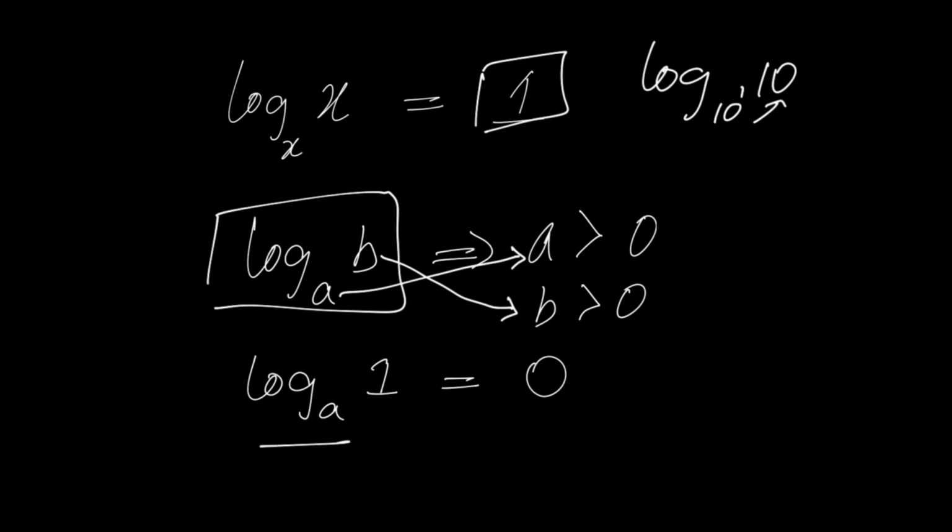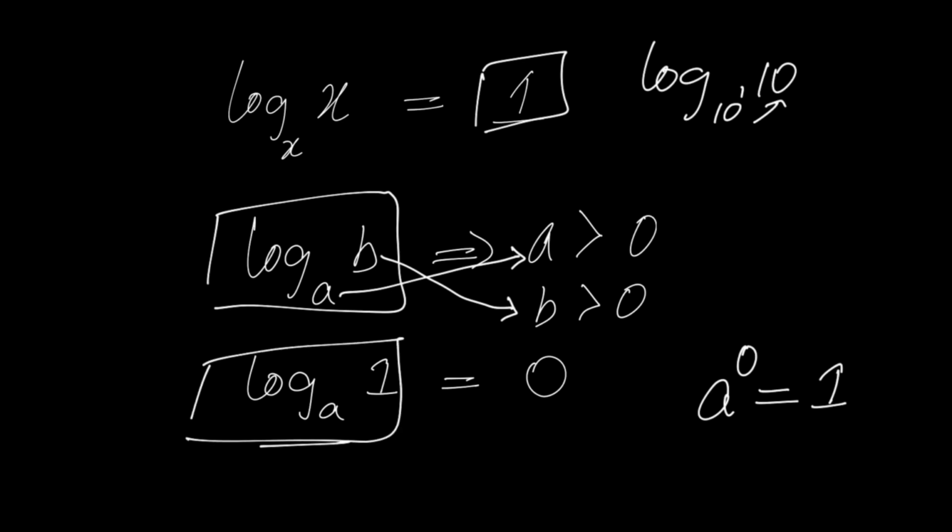Log base a of 1 is equal to 0, which means I have to put the power 0 on a to make it equal to 1. Just remember that log of 1 will always be equal to 0, and both numbers should be greater than 0. If they are less than or equal to 0, the result will not work out. And also, for the log to be defined, a cannot be equal to 1.